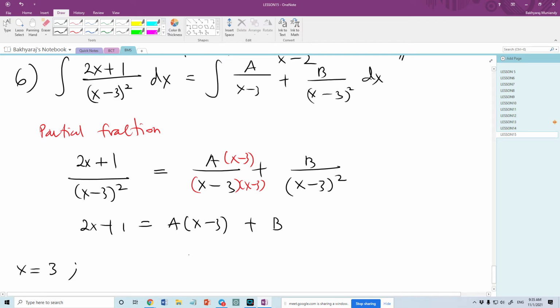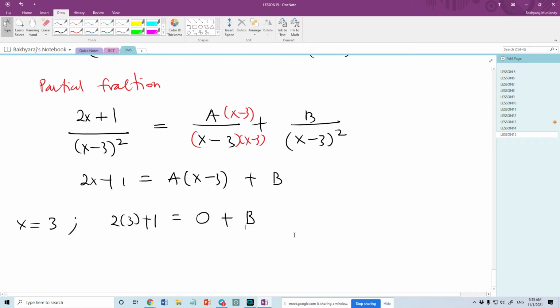So when you put 3, then you get 2 times 3 plus 1 equal 0 plus b. Okay, so we will get 7, so b is 7.